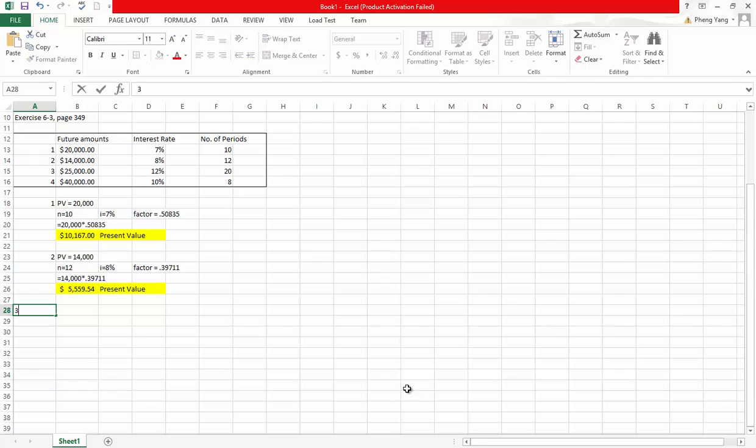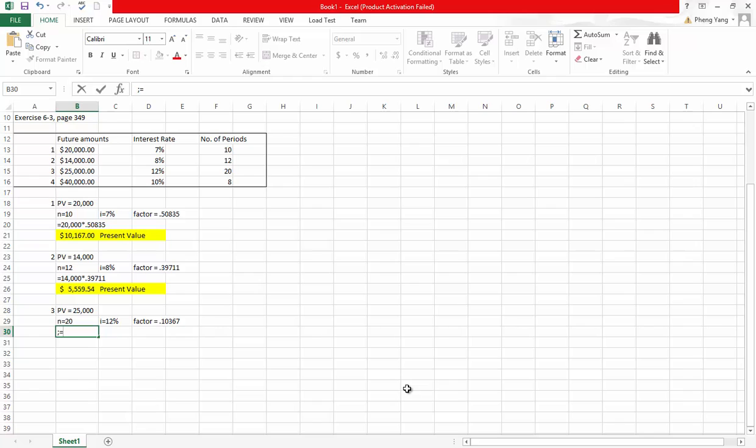Okay. Number 3, what is the present value of 25,000? We know our number of periods, which is 20 periods, interest at 12%, and our factor is going to be, if you look at the table, once again, 20 periods at 12% is 0.10367.